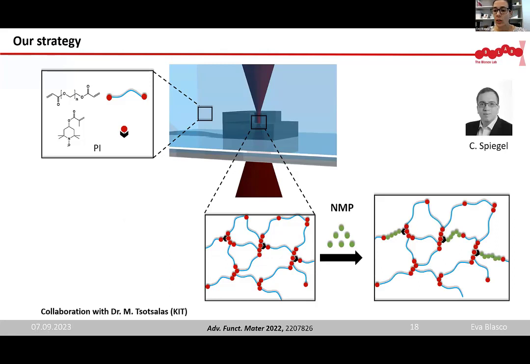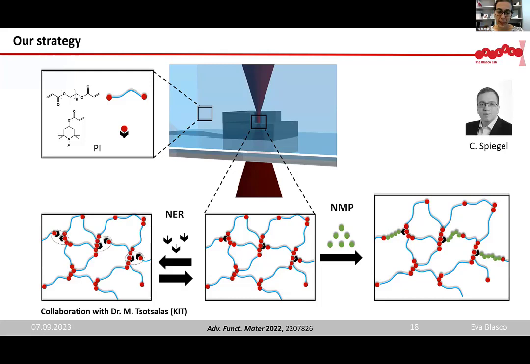Then we can use this alkoxyamine for chain extension, so we can grow, expand our object, and we can also, if we add an excess of TEMPO, have nitroxide exchange reaction with the idea to change the cross-linking density. So here now we have two properties that we can tune, size and the mechanical properties.